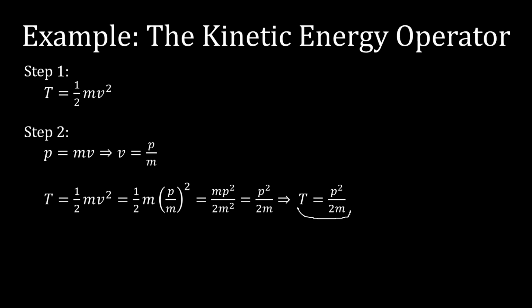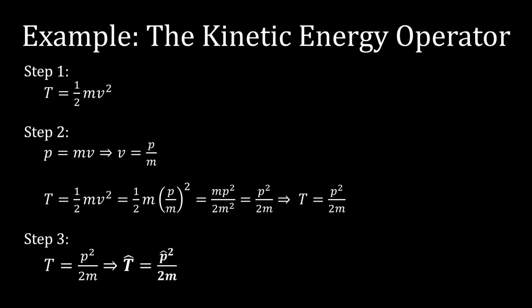We just need to go to our final step, and that's to convert the momentum and the position to an operator. Note that here we don't actually have the position because the classical formula doesn't depend on it. So now step 3, we're just going to rewrite our kinetic energy, T equals p squared over 2m, and then replace our momentum with our momentum operator.